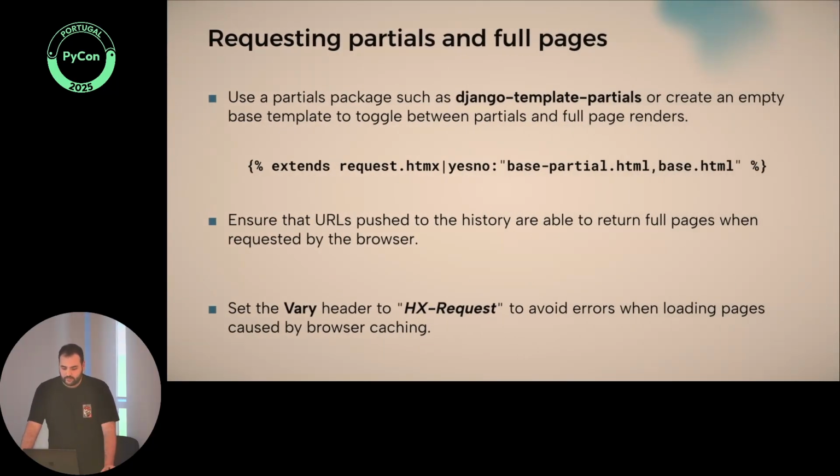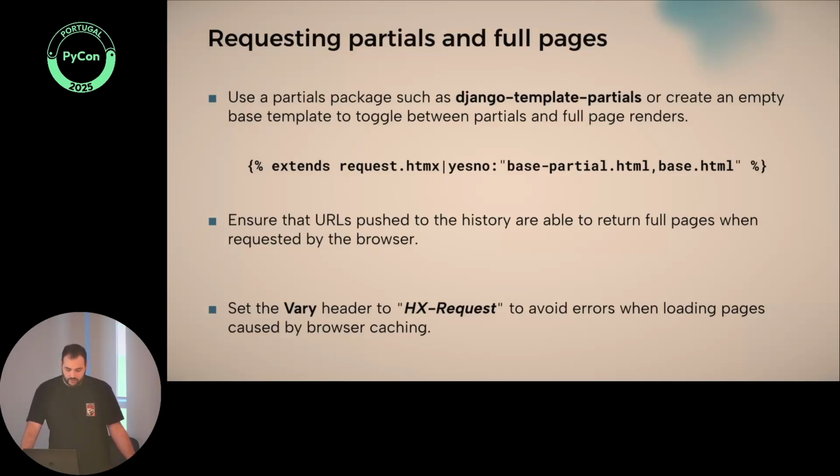If you need to request full pages, so for example, when you load a partial and the user refreshes the page, it's the browser doing the request and not HTMX. So you'll need to display a full page. You can use a package such as Django template partials.